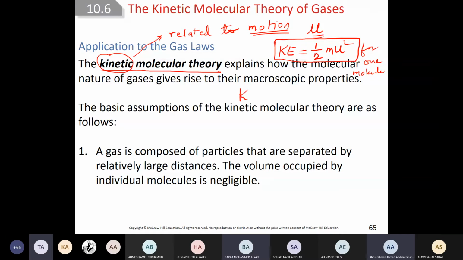Multiply by Avogadro's number. So it will be N_A, which is Avogadro's number, times half m u squared. Keep this in mind.